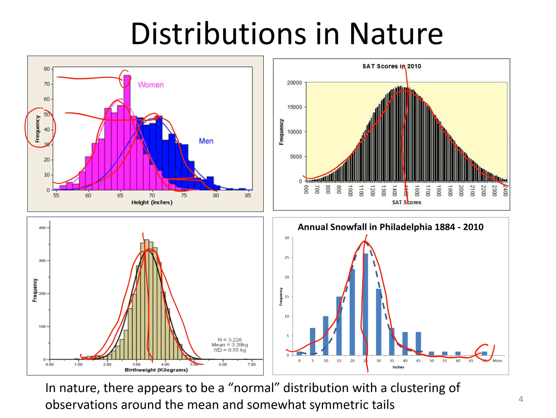So in nature, there appears to be a normal distribution. I'll put that quote-unquote normal distribution around many items where there's a clustering in the middle, right? There's a central tendency. And there seems to be some symmetry around the mean.